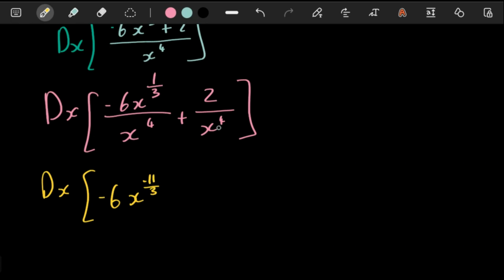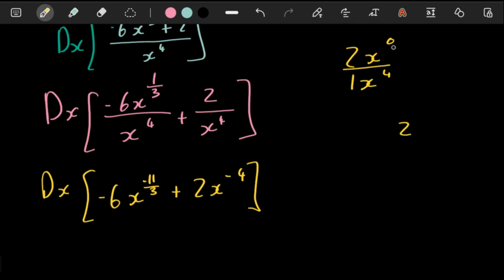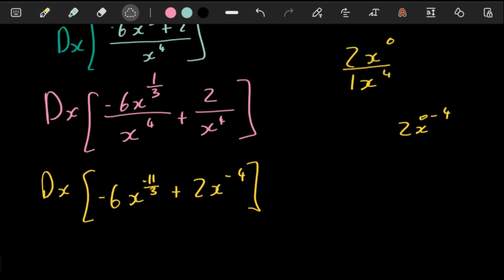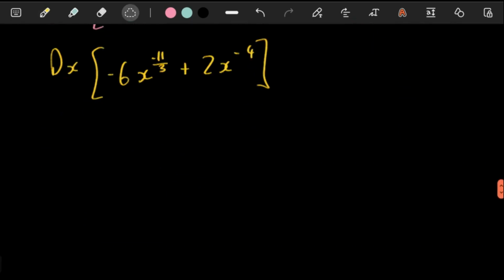Here, this has to go up, which gives you 2x to the power of negative 4. We say it goes up, but technically this 2 has x to the power of 0 here. So technically 2 divided by 1 is a 2, and then 0 minus 4 is a minus 4. That's literally what's happening here. But to make life easy for everyone, we just say whatever we say. And then here we are.